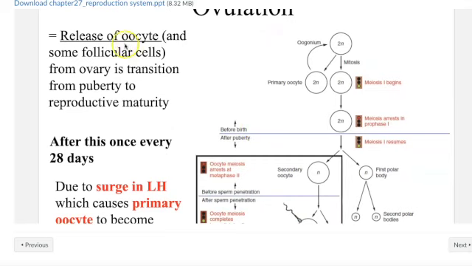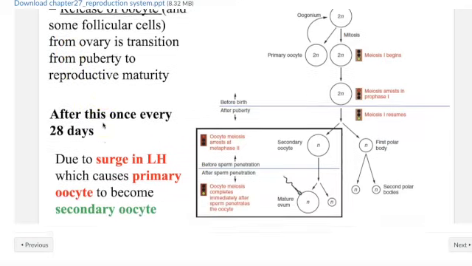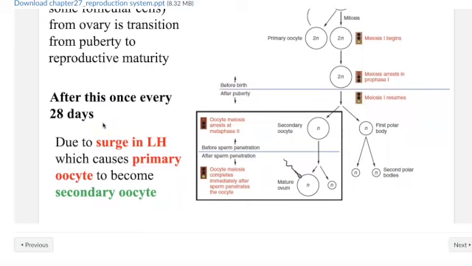Ovulation is the release of the oocyte and some follicular cells from the ovary, the transition from puberty to reproductive maturity. After this, once every 28 days, you should get a period. It's because of the surge of luteinizing hormone, which causes the primary oocyte to become a secondary oocyte.